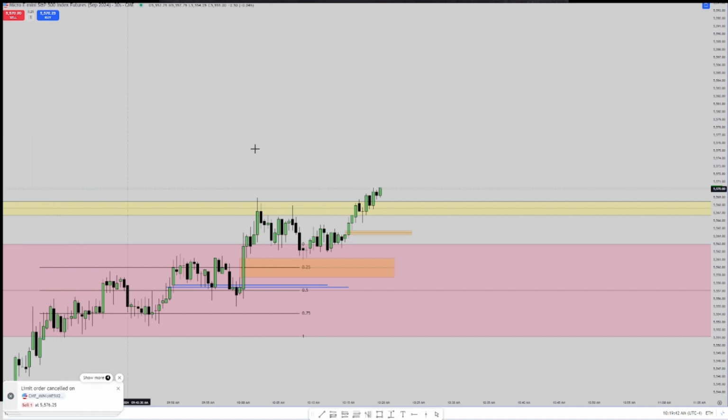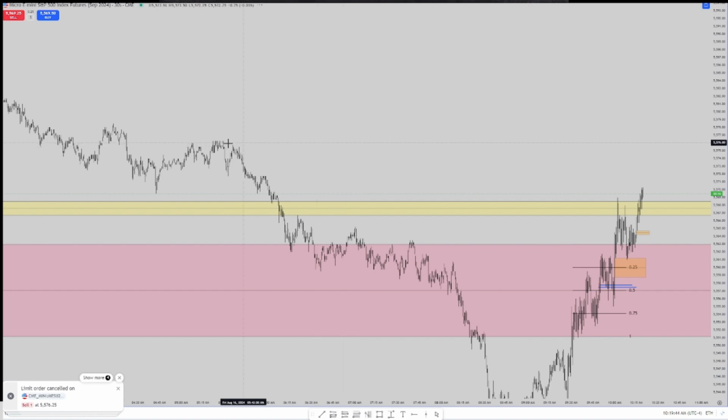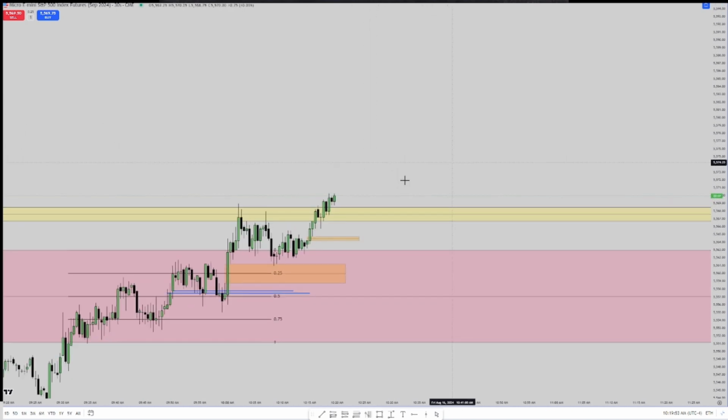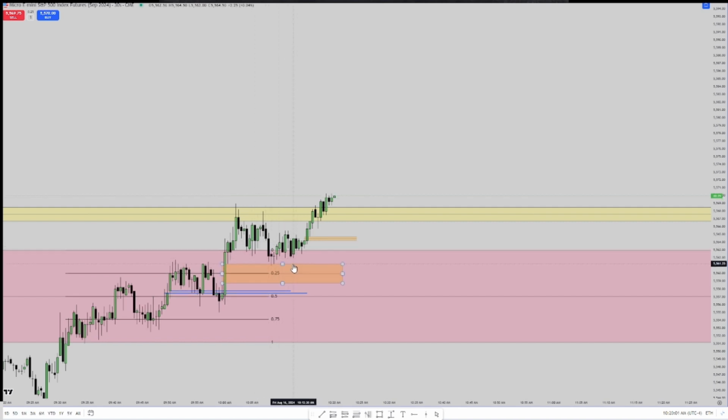That's the silver bullet. It didn't have to get to my target, meaning I don't have to be right in order to make money. Yes, I took a loss in here. It was a very small loss. So what this trade did when I got back into the trade on this candle is it got me back into the green.